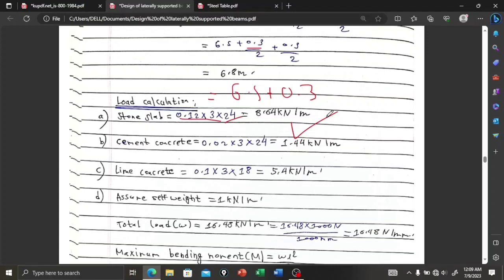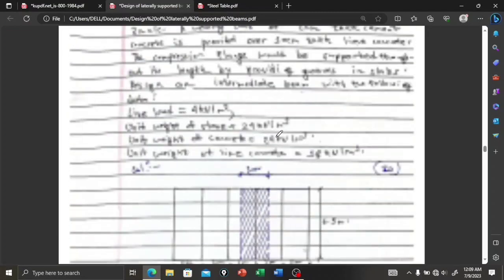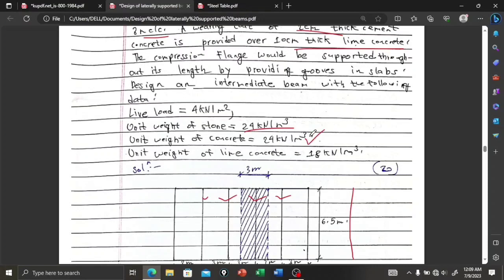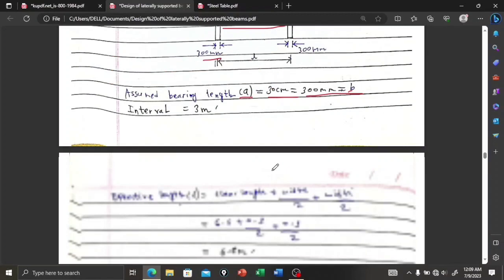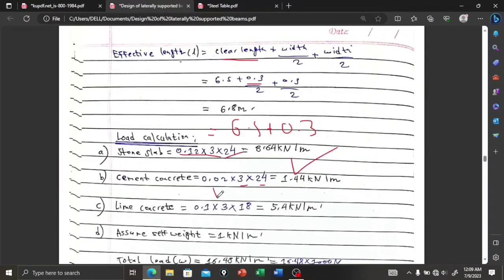For cement concrete, it is the same 3 and gamma is 24, but 2 cm thick concrete, 2 divided by 100 is 0.02, so it is 1.44 kN per meter.